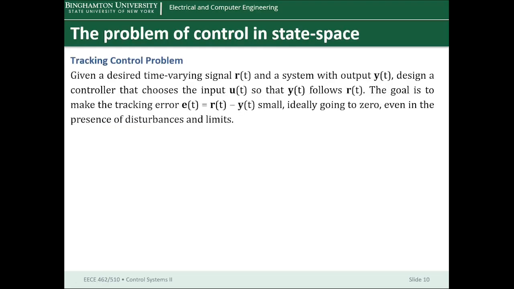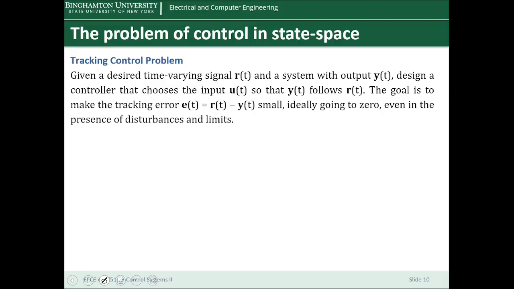Most control tasks can be divided into some tracking control problem. In a tracking problem, you have a time-varying reference signal r(t). You want to design the control input so that the output follows the reference signal.